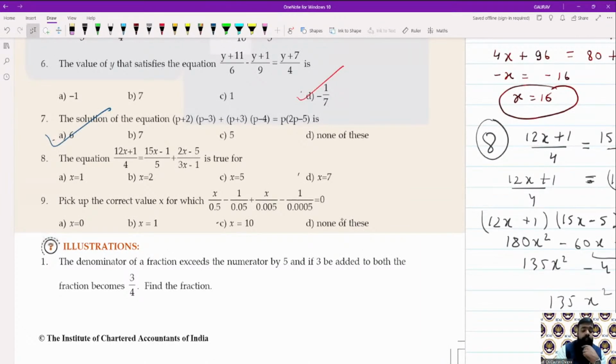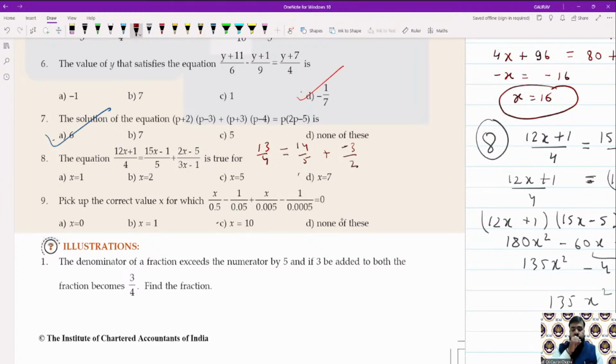Let's see if we try option number one. If your oral calculation is good, it is very easy to solve. So 12 into 1 plus 1 is 13 by 4 on the left hand side, which is equal to 15 minus 1 is 14 by 5, and plus 2 minus 5 is minus 3 by 2.